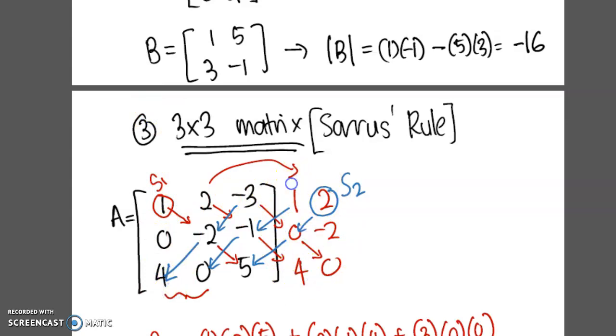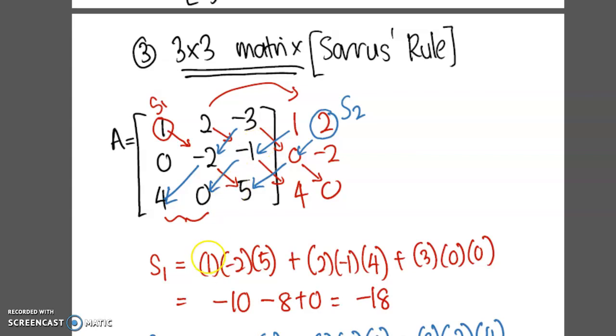Here is your first column, and second column here. To get the Sarrus' Rule, the formula is S1 minus S2. For S1, you start from the top: 1 times minus 2 times minus 5, which gives 10. The next one is 2 times minus 1 times minus 4. The last one is minus 3 times 0 times 0. Solving this, you get minus 18.